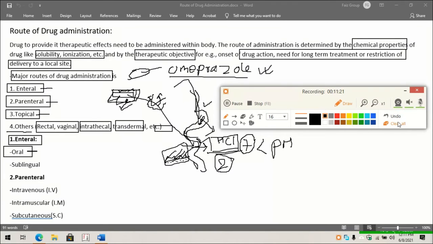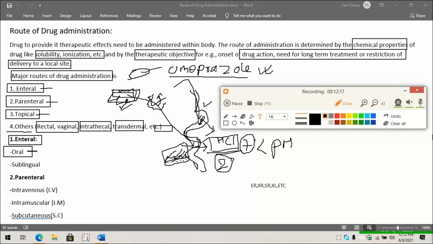Extended release preparations are abbreviated as ER, in capital letters, that is extended release, or XR, or SR, that is sustained release, or XL, etc. Extended release medication has special coatings or ingredients that control drug release, thereby allowing for slower absorption and prolonged duration of action.